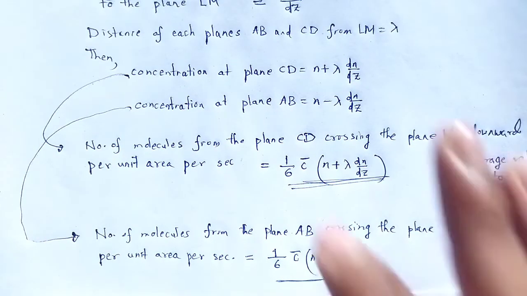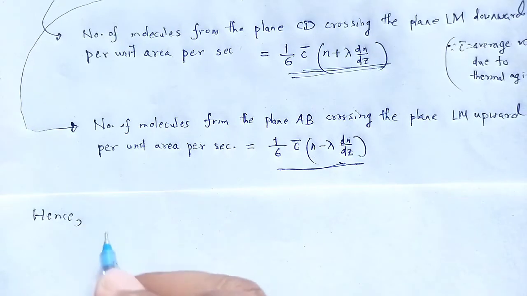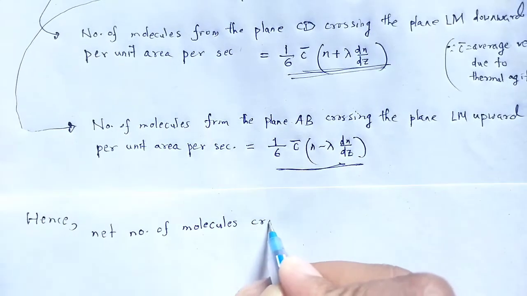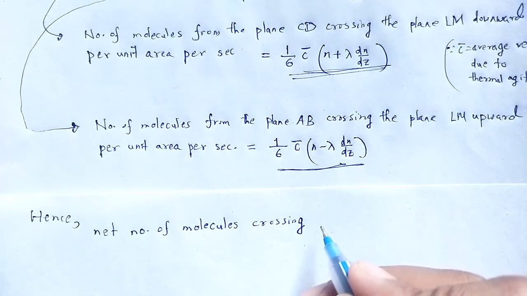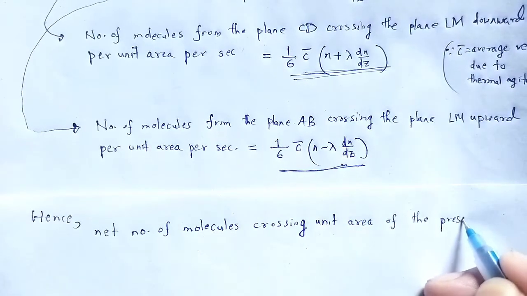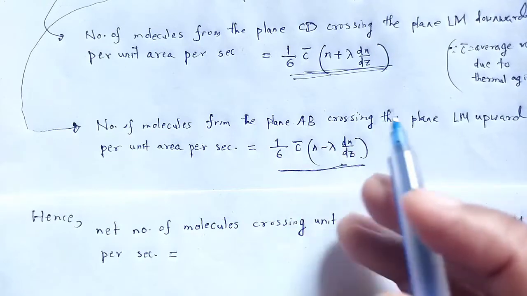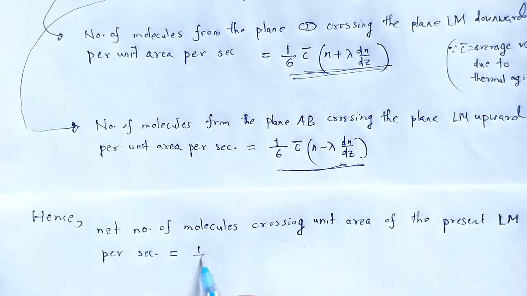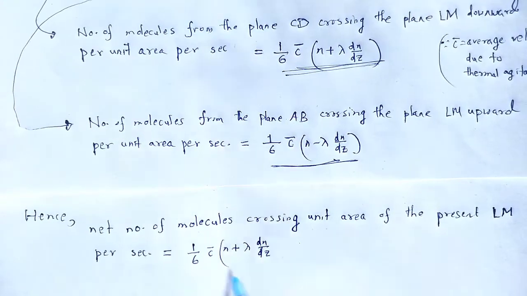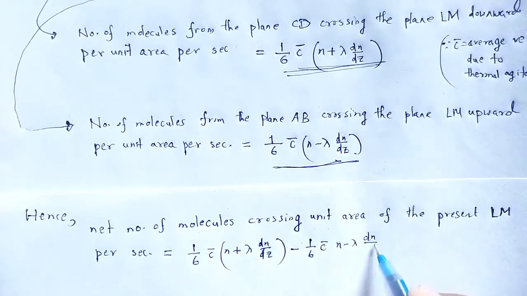Hence the net number of molecules crossing unit area of the plane LM per second is equal to the difference between these two: 1/6 c bar n plus lambda dn by dz minus 1/6 c bar n minus lambda dn by dz.